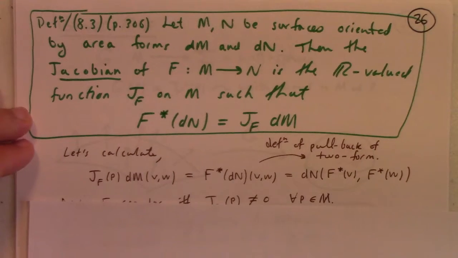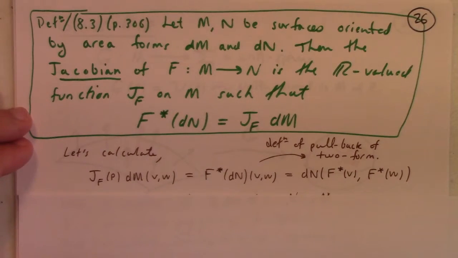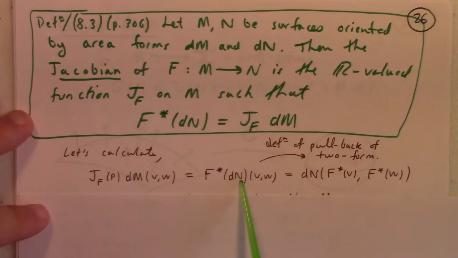So let's think about that a little bit. If we calculate the Jacobian of f times dm on v, w, allegedly that's going to be the pullback of dn acting on v, w. But the definition of the pullback is that it's just the form dn in this case acting on a pair of push forward vectors, right? Push forward of v.